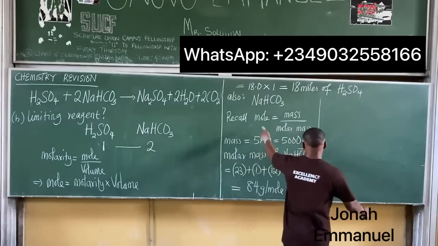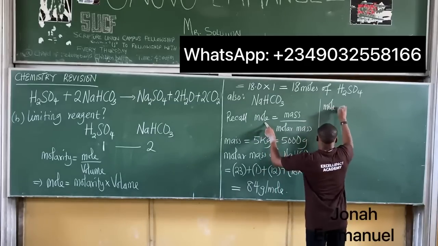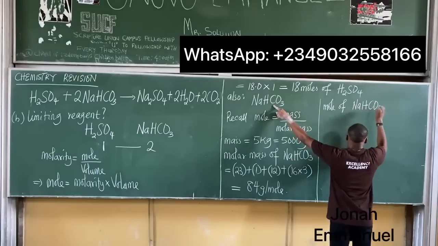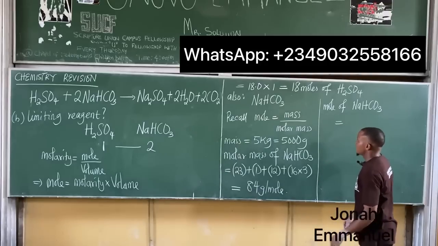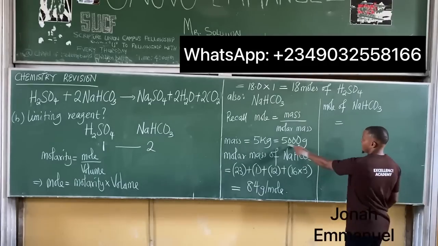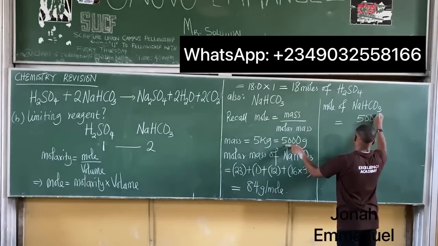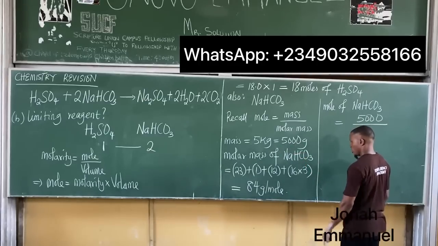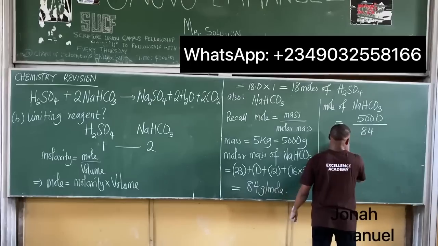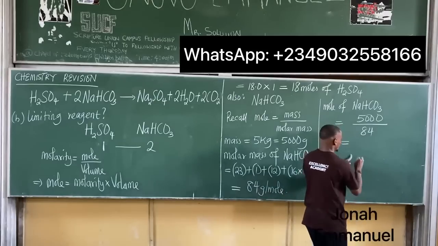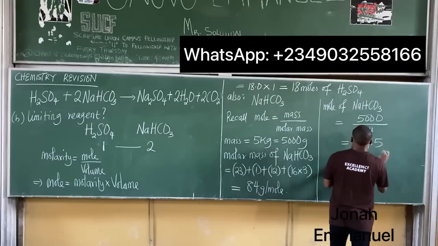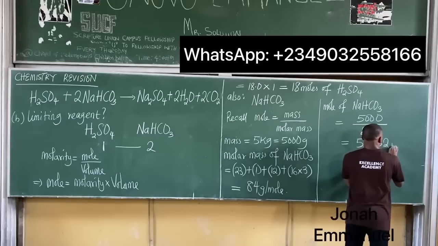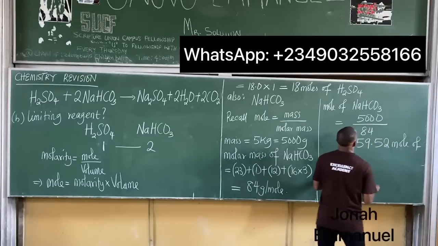Okay, so it means that mole of NaHCO3 is equal to the mass of it. What's the mass again? 5,000. So 5,000 all over 84. Please give me the value. 59.52 moles of NaHCO3.